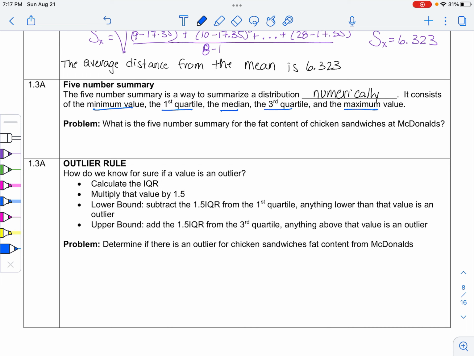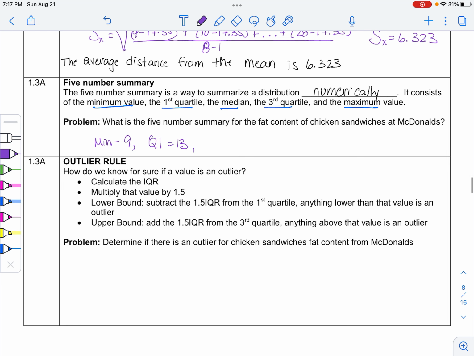So our 5-number summary for our McDonald's sandwiches is: our minimum was 9. Our Q1 was 13. Our median was 16.5. Our Q3 was 21.5. And our max was 28. That is our 5-number summary.